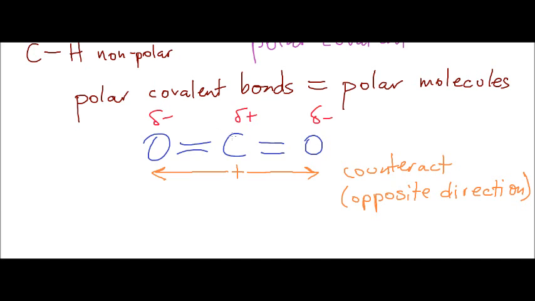So even though between this carbon and this oxygen it's polar, between this same carbon and the other oxygen it's also polar, because the negative is pulling in opposite directions. They are counteracting one another. This compound of carbon dioxide is considered a non-polar molecule.